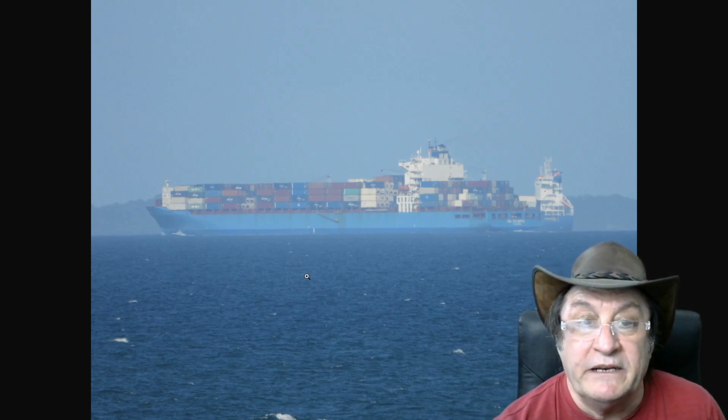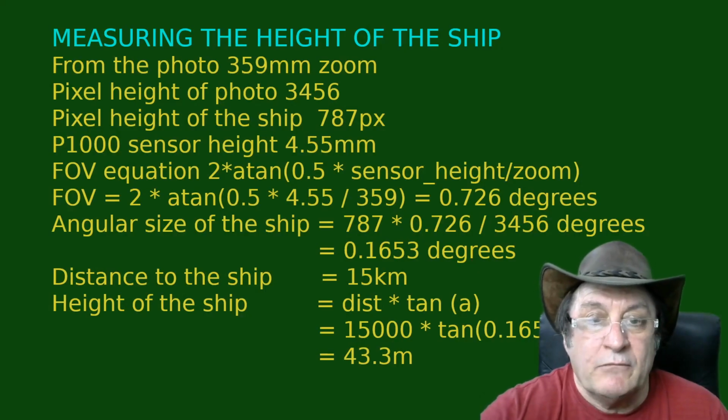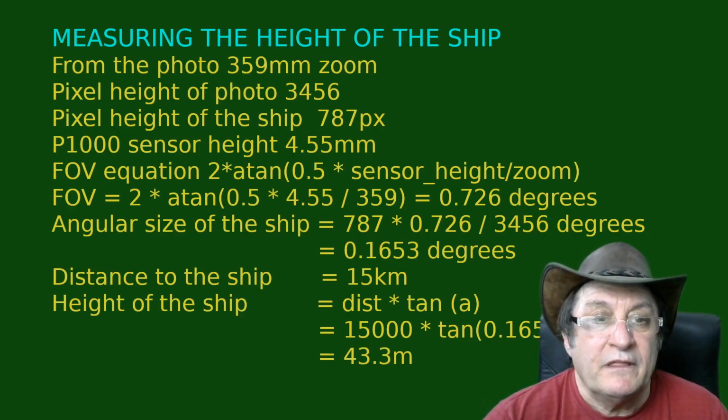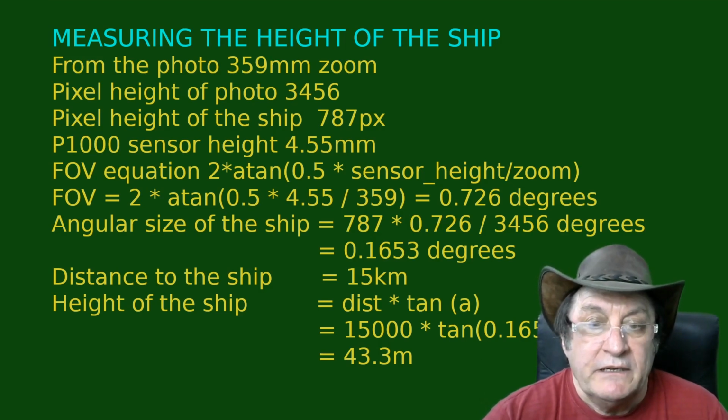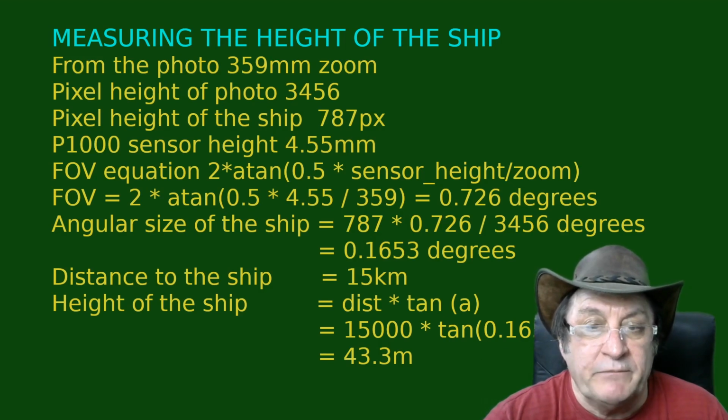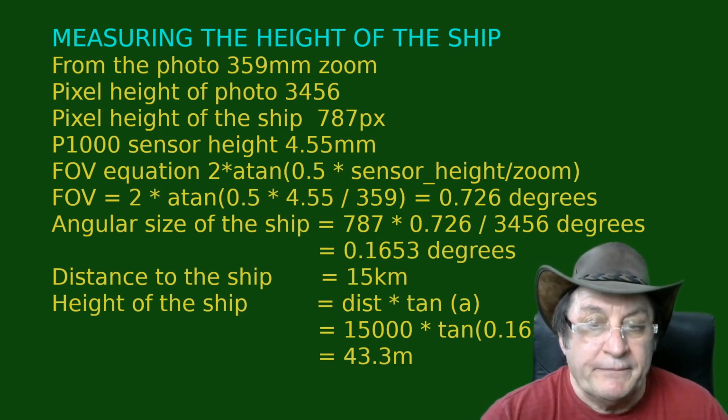Now I've calculated the height of that ship using my method of the dimensions of the camera sensor and the zoom factor and doing some pixel counting. So I've come up with a value of 43.3 metres, which is about the right size that we would expect for that ship.